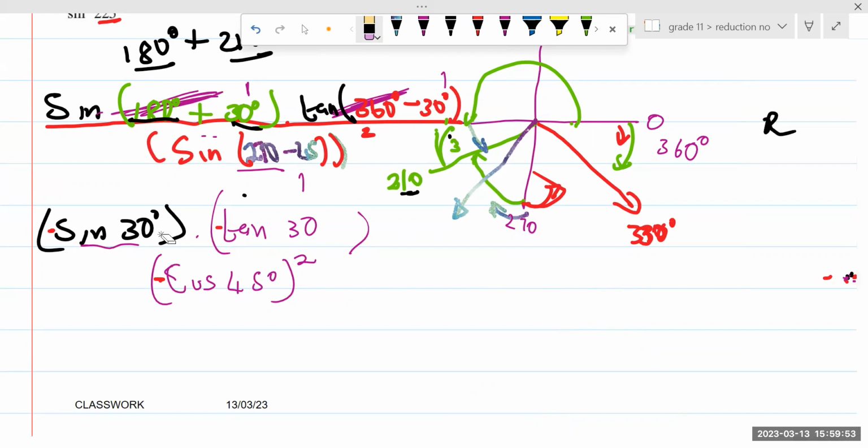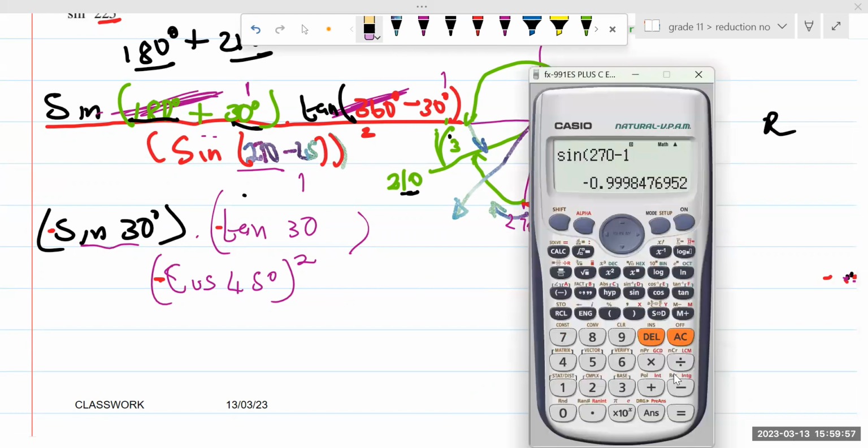Now, since times are evolving, instead of using that diagram, I am going to use my calculator. I will say the sine of 30 degrees. The nicest thing is that it also gives you the answer in fraction form. That's what we want.